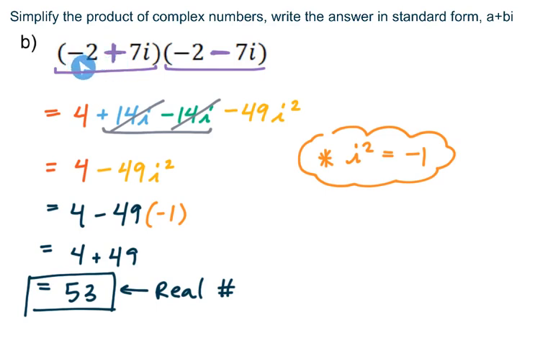So we have negative 2 plus 7i and negative 2 minus 7i. Again, noticing the only thing that changed between each of those factors is that sign in the middle. So what does that mean? What are those called? And why, when I multiplied them, did I get a real number?